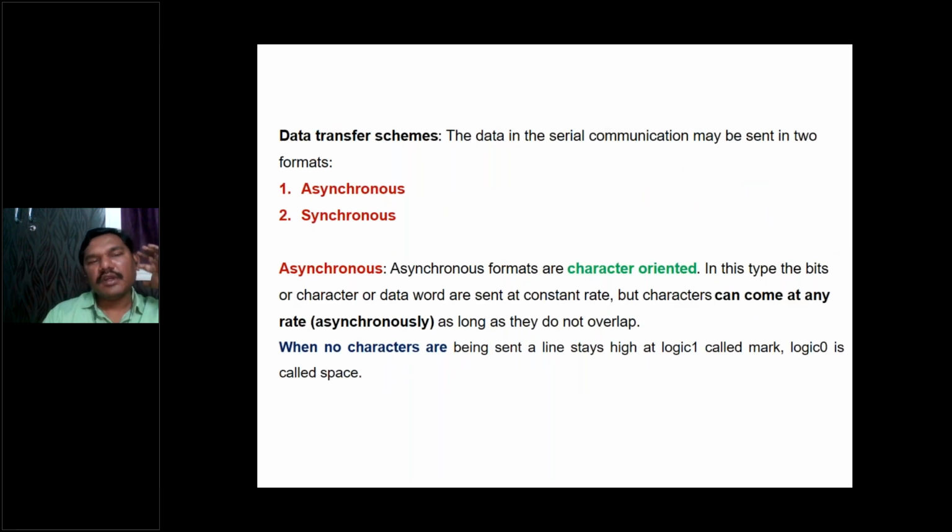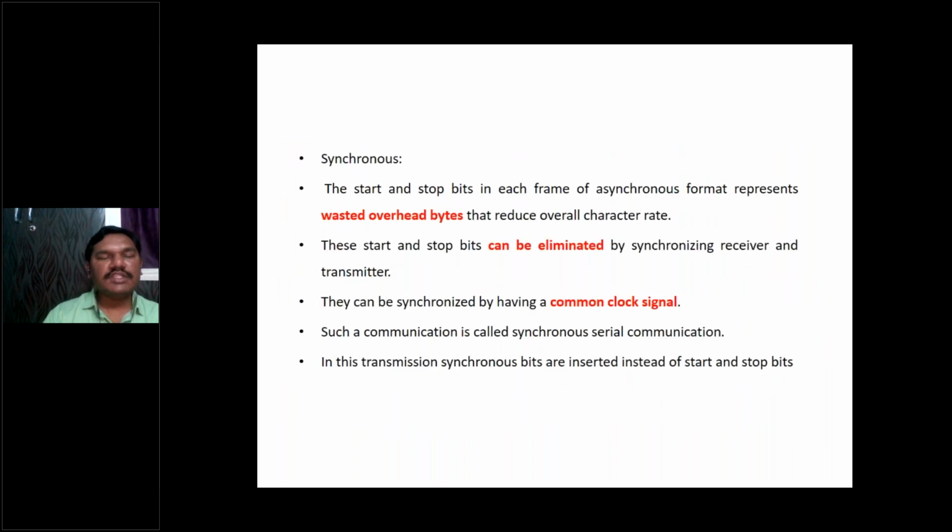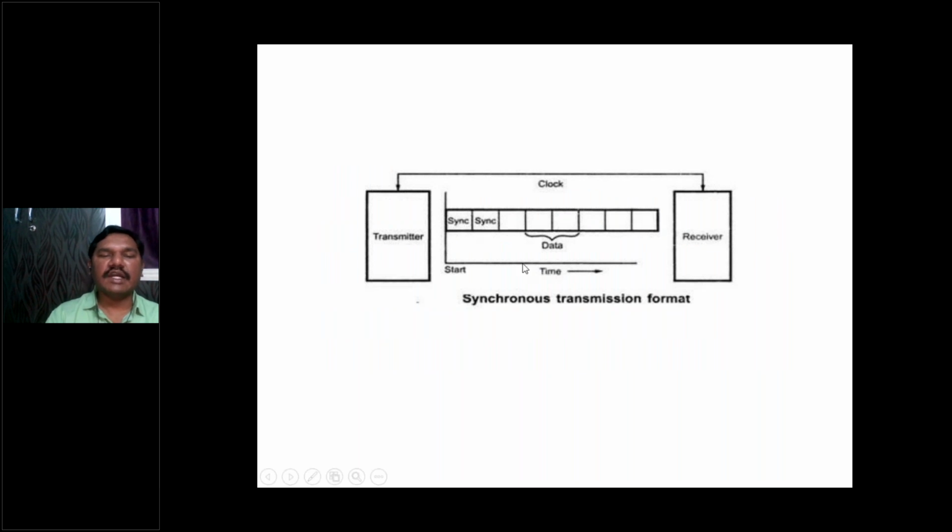Now here we have asynchronous and synchronous communication. What is synchronous communication? First we will see. In synchronous communication, the start and stop bits in each frame of asynchronous format represent wasted overhead bytes that reduce the overall character rate. You can see this in the diagram. In synchronous communication, the transmitter and receiver start at a time, and the receiver receives data from the transmitter.